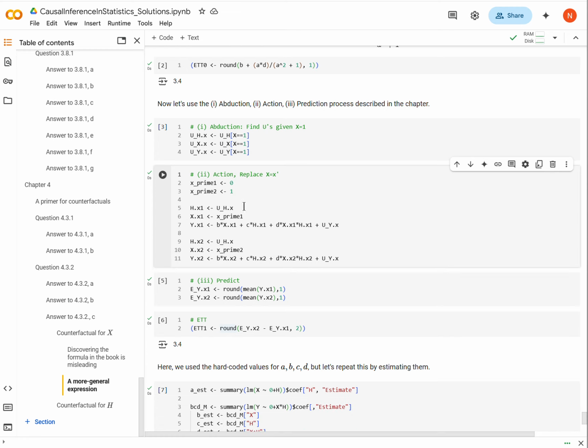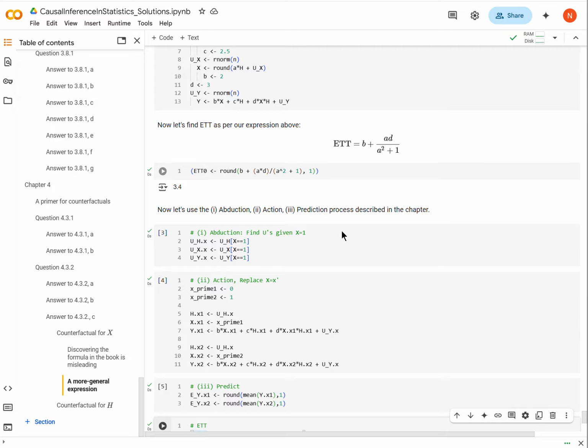Then I simply build up my expressions for y with the particular x prime values and the evidence. I'll let you walk through that yourself, but ultimately, when we subtract y given x2 and y given x1, these two counterfactual values, we get 3.4 right here, which is what we found with the hard-coded values.